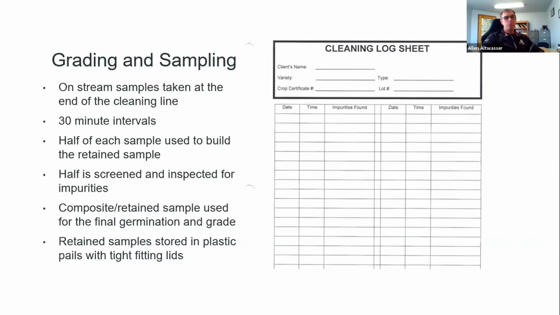Then I'll compare my purity to the purity that I get back from the lab. It's another way that I feel confident in the grade that we're applying to that seed lot. Our retained samples are stored in plastic pails with tight lids, and that protects the integrity and security of the sample. So if we ever have to refer back to it for any reason, there's no question that it got potentially contaminated somewhere.